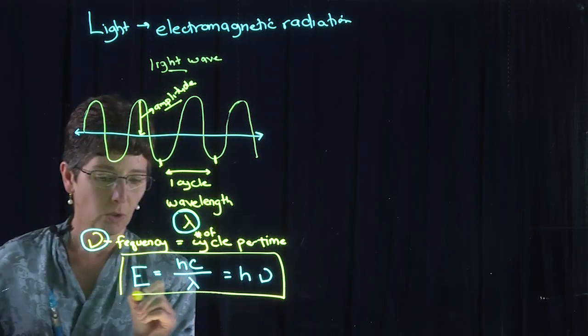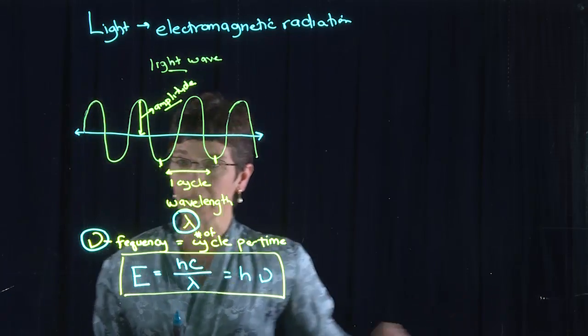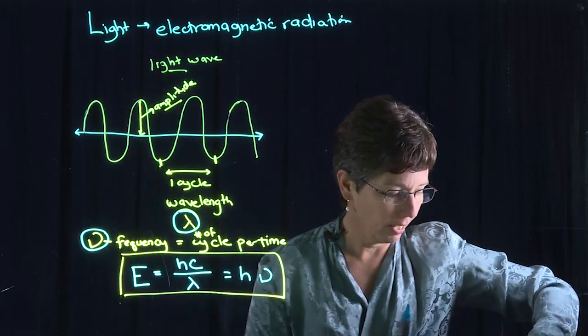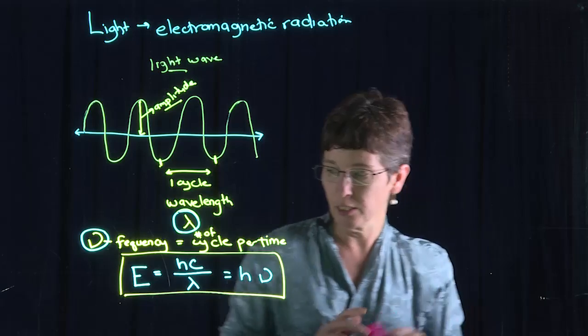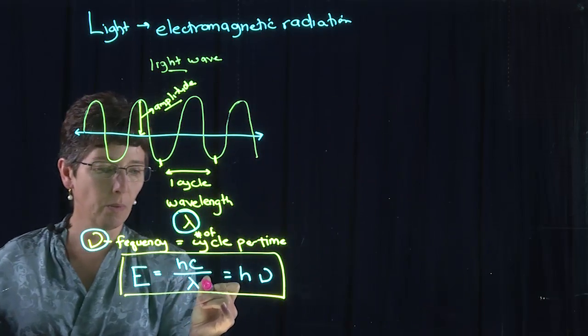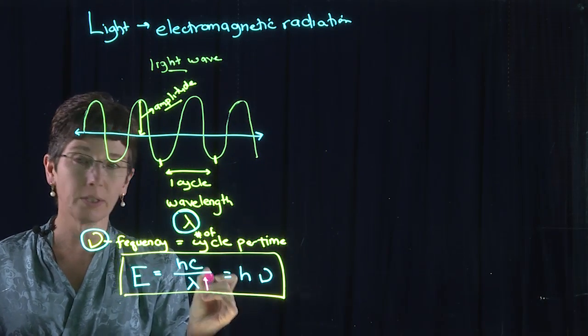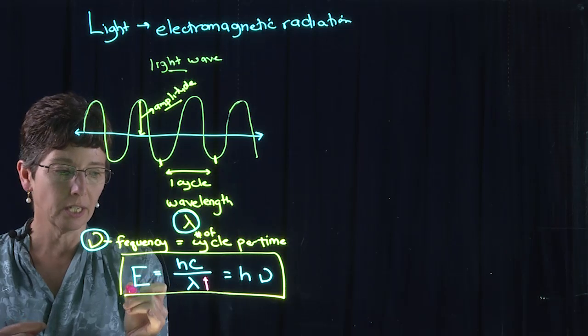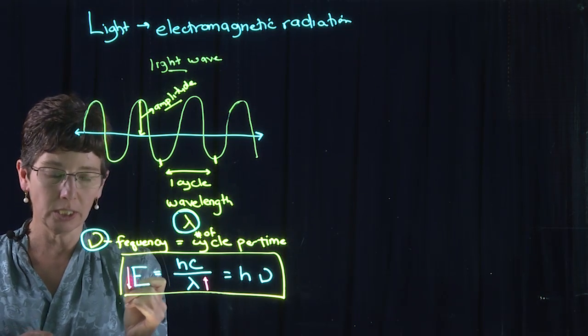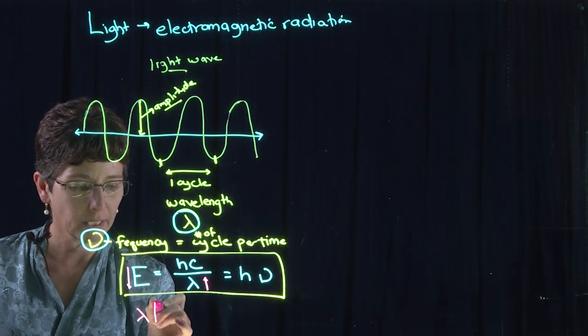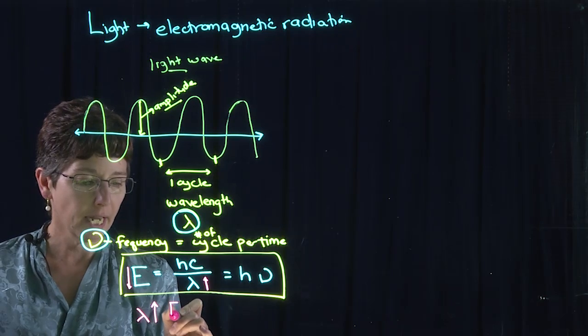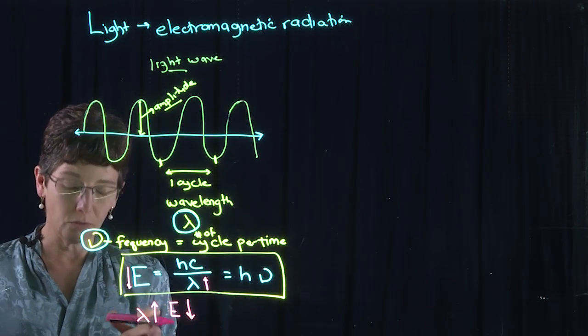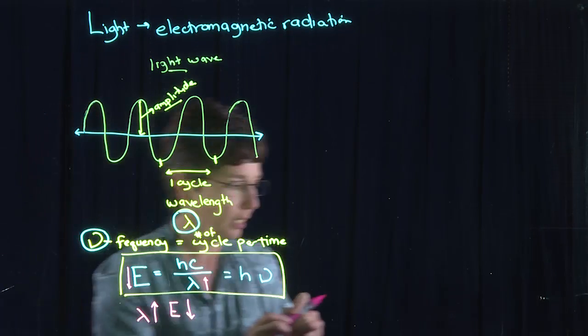And what they tell you qualitatively is that when the wavelength is long, when you have a large wavelength, you have a low energy. So as the wavelength gets longer, the energy goes down, and hopefully you can see that mathematically in that expression.